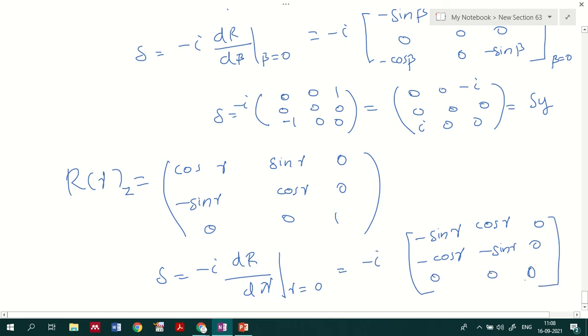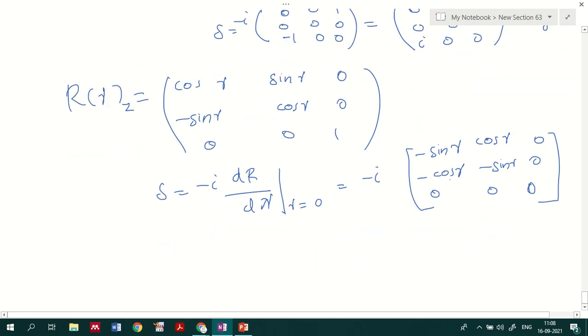Okay, then we have to evaluate at gamma equal to 0. Gamma equal to 0 substitute ചെയ്ത് കഴിഞ്ഞാൽ will get it as minus I into 0 1 0, minus 1 0 0, 0 0 0.